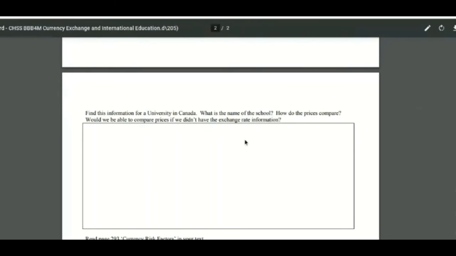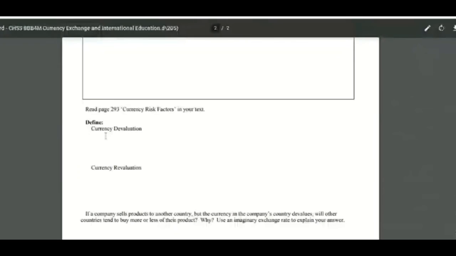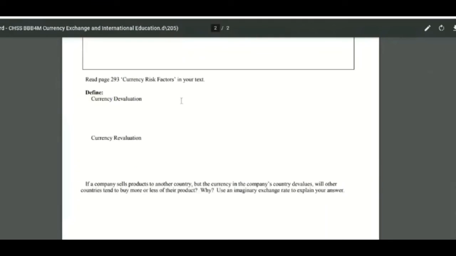Now find out some information about any university in Canada. What's the name of the school and how does the price compare to that of an international school? And what would happen if we didn't have an exchange rate? We wouldn't know which one costs more. Define currency value, revaluation and devaluation. Don't worry about page 293 in your textbooks.